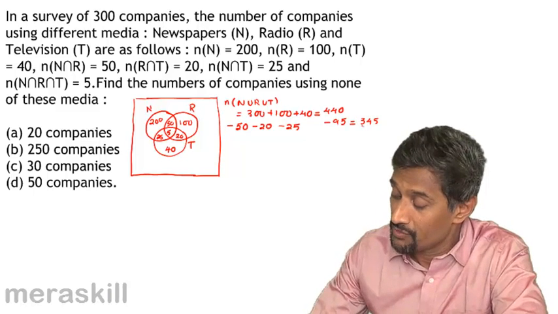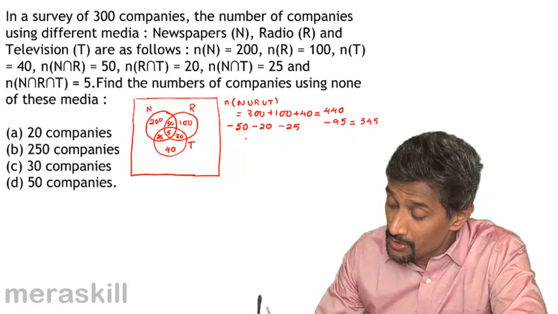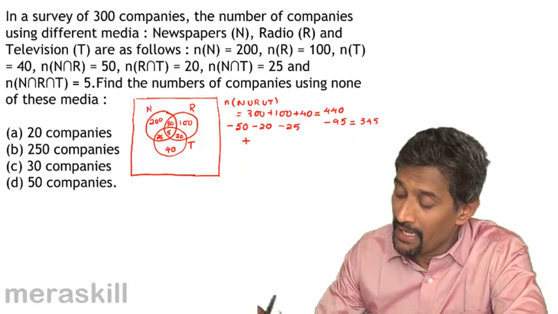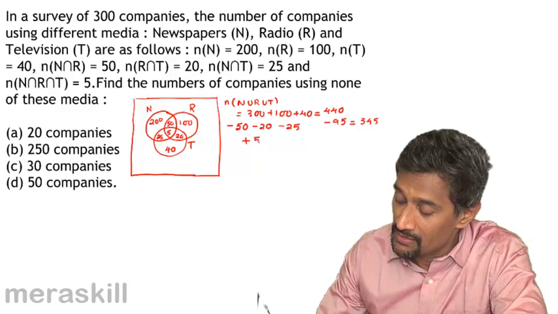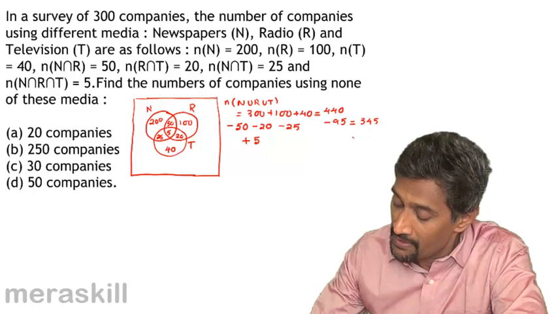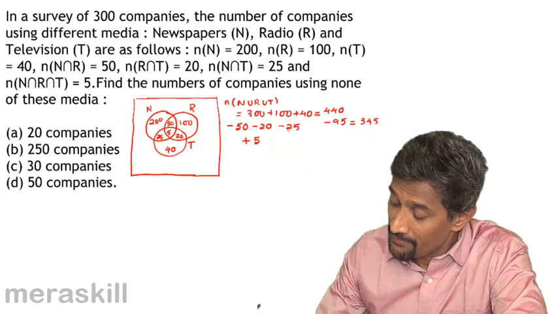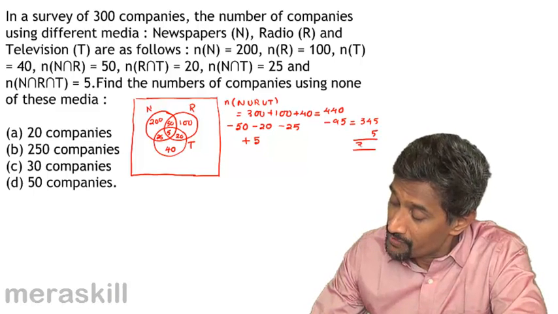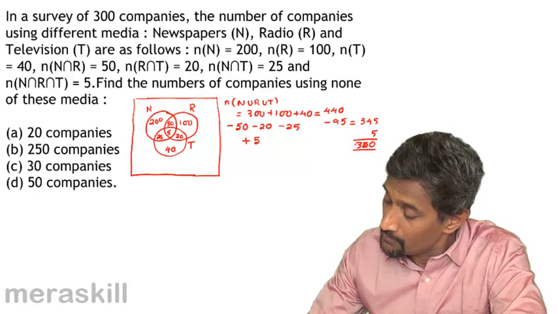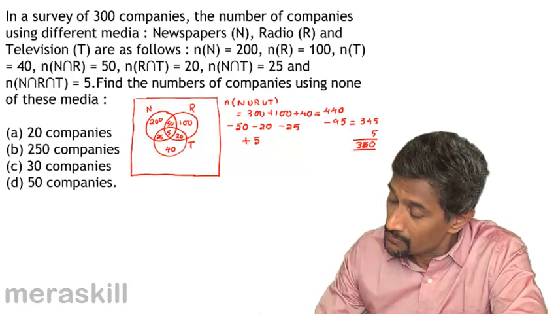But to this we need to add n of N intersection R intersection T. So that's going to be 5. So we have 5, that is plus 5, that is 350.